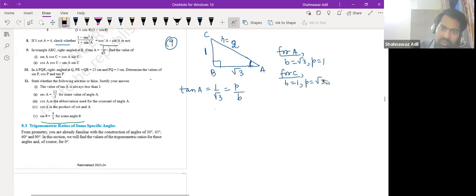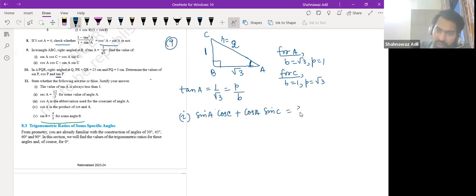So remembering all these things, now we have to find out sine A. So in the first question, we have to find out sine A cos C plus cos A sine C, right? So let us find out first what is sine A. Sine A is P by H, which is 1 by 2. Similarly, what is cos C?